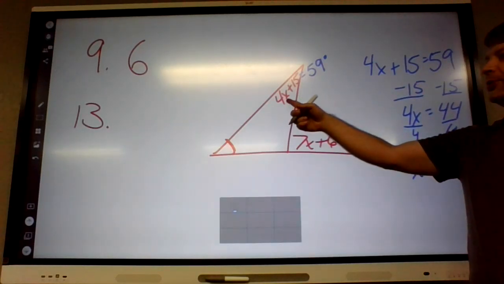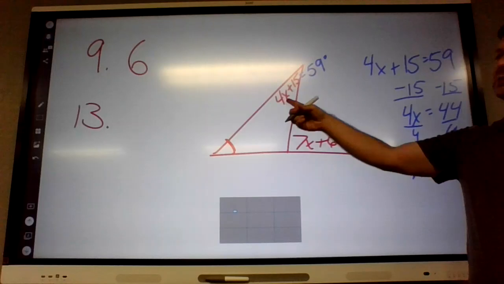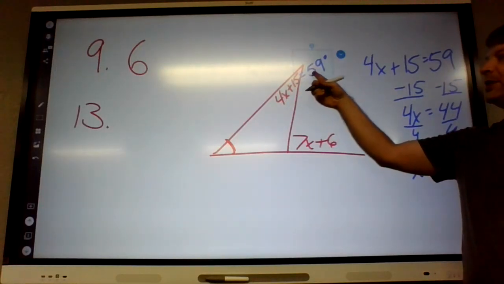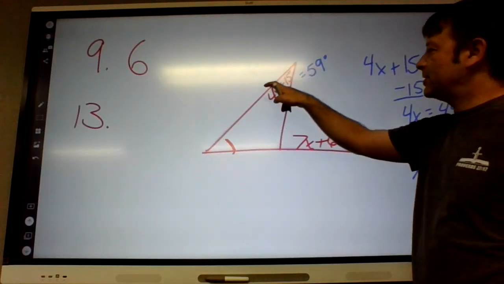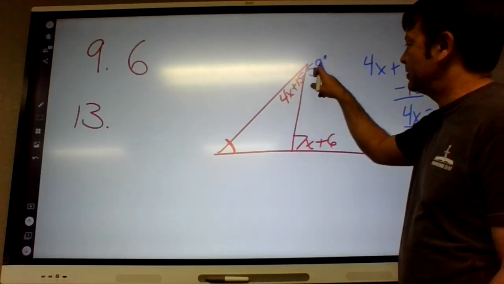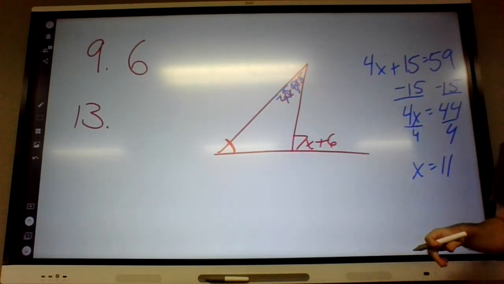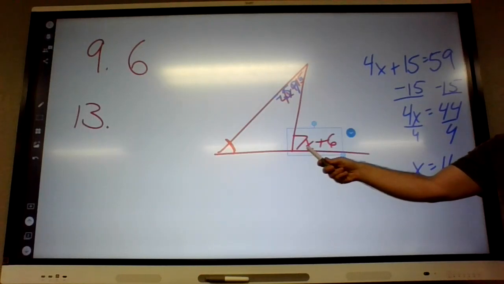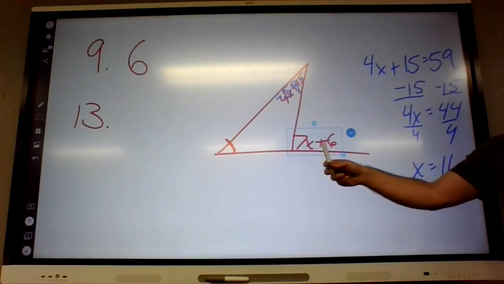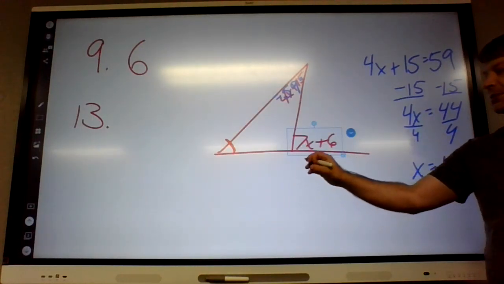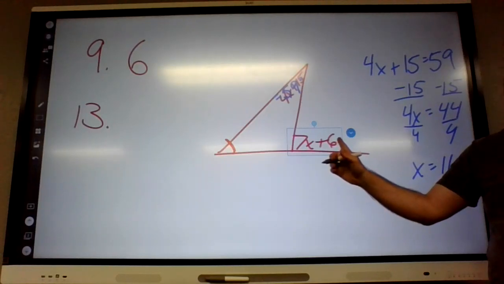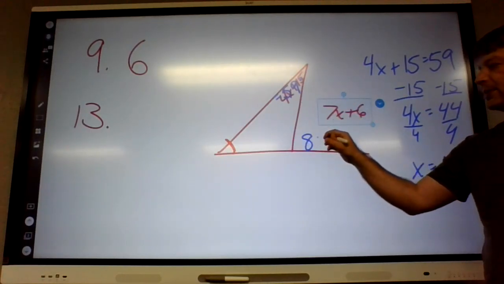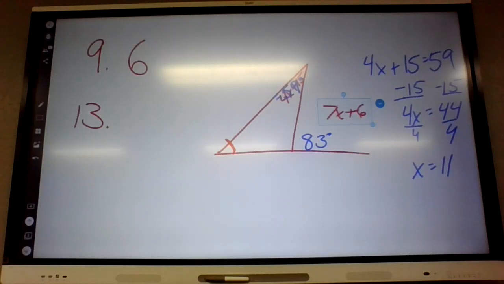Now, if I plug it in here, what am I going to get? 44 plus 15 is 59. We already know this angle is 59. Anyways, but it can help us find this angle, right? So 7 times 11 is 77, plus 6, 83. So let's just throw that one out and put an 83 right there.